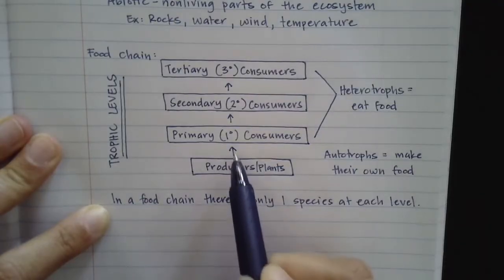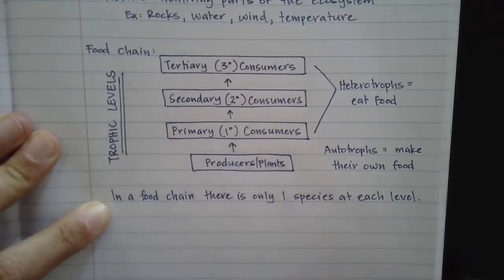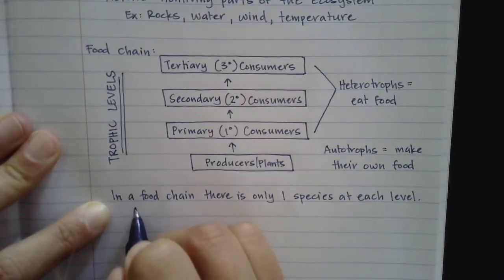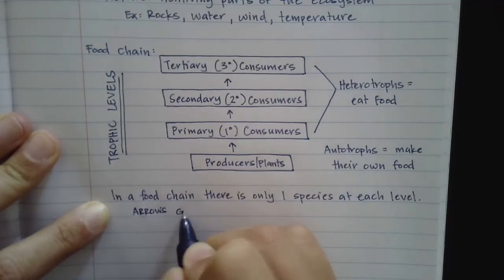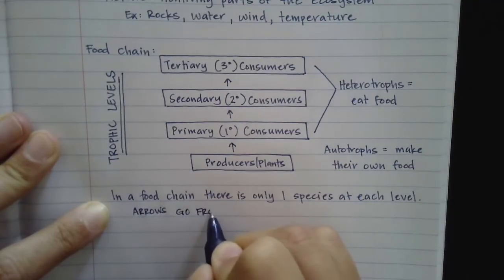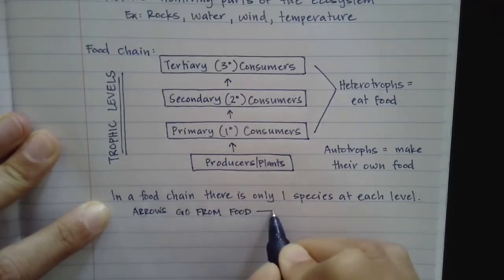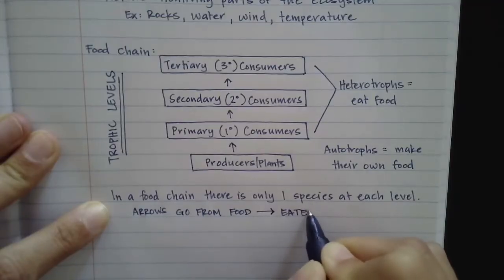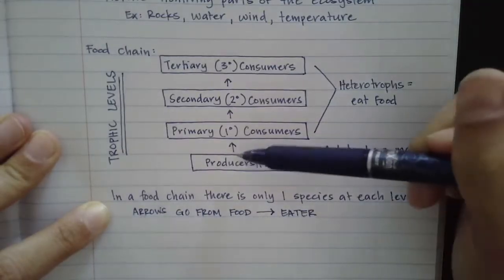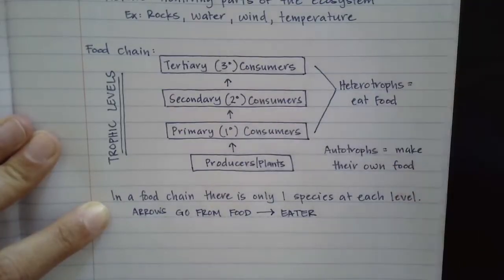and these arrows go from the food to the thing eating the food. So the direction of this arrow always goes towards the thing that is doing the consuming.